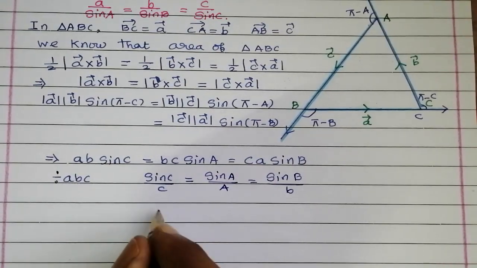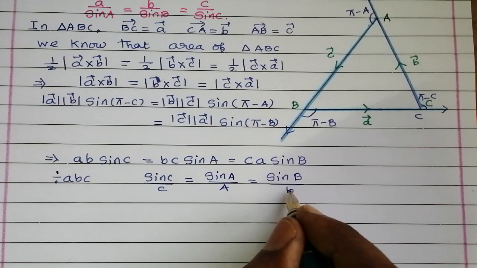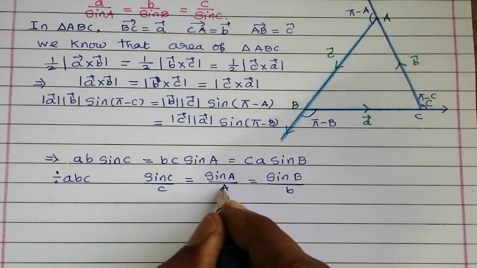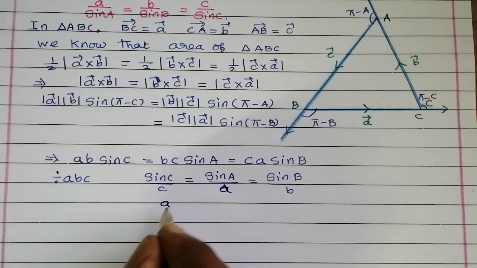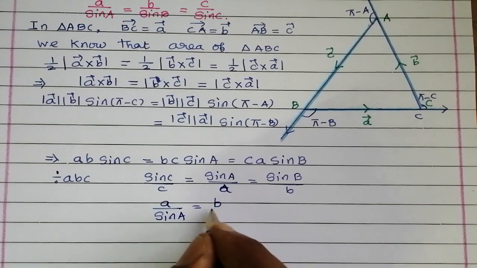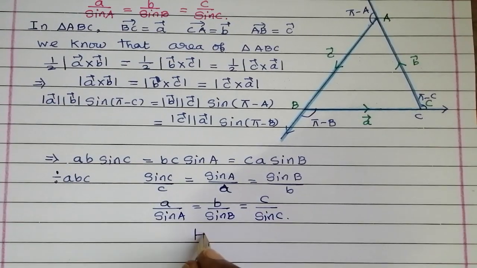Taking reciprocals and rearranging the equation, we get a by sin A equal to b by sin B equal to c by sin C. Hence proved.